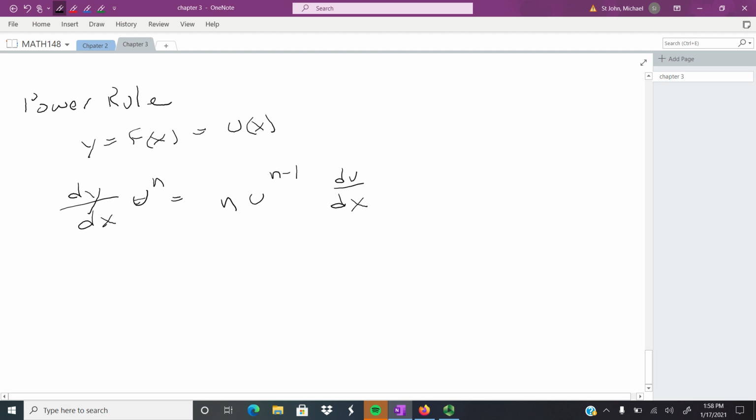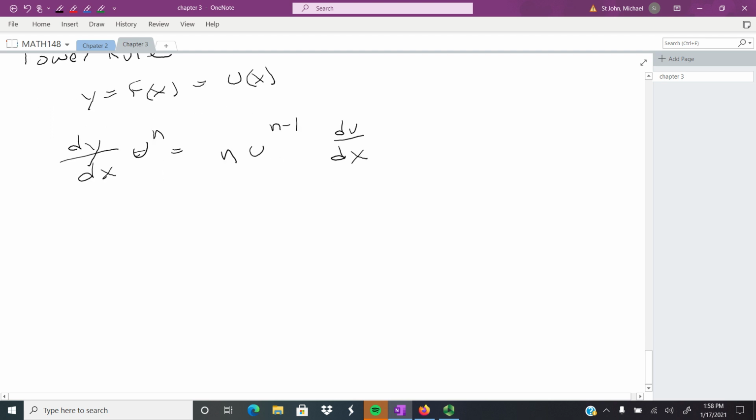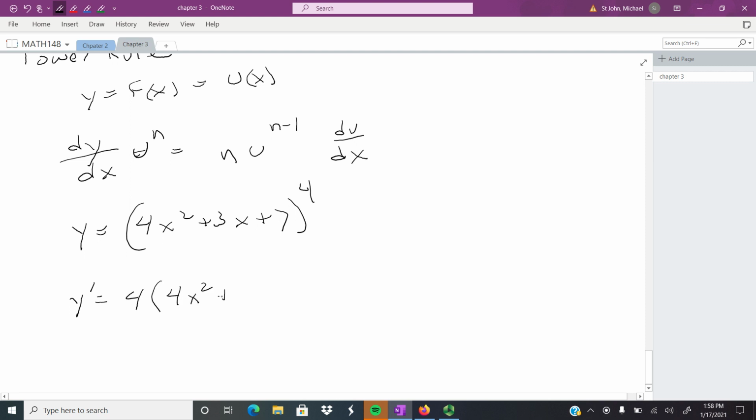Let's look at an example of how this works. So let's say y equals 4x squared plus 3x plus 7, all of this to the fourth. So my derivative: the way this works is we first take the exponent out front, everything in the parentheses stays the way it is, drop the exponent by 1. And then we take the derivative of what was inside the parentheses.